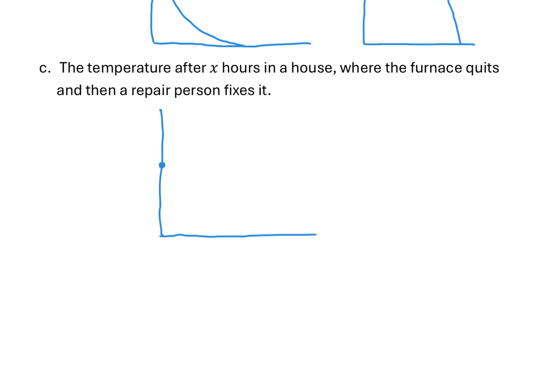But we do have to wait for the repair person to come fix it. While we're waiting, our temperature is going down. We don't want to reach 0 because it's going to be freezing at that point, but it is going to go down for a while. And after our repair person comes to fix it, it is going to increase until we get back to the temperature that we want to maintain. And so it's going to look something like this.